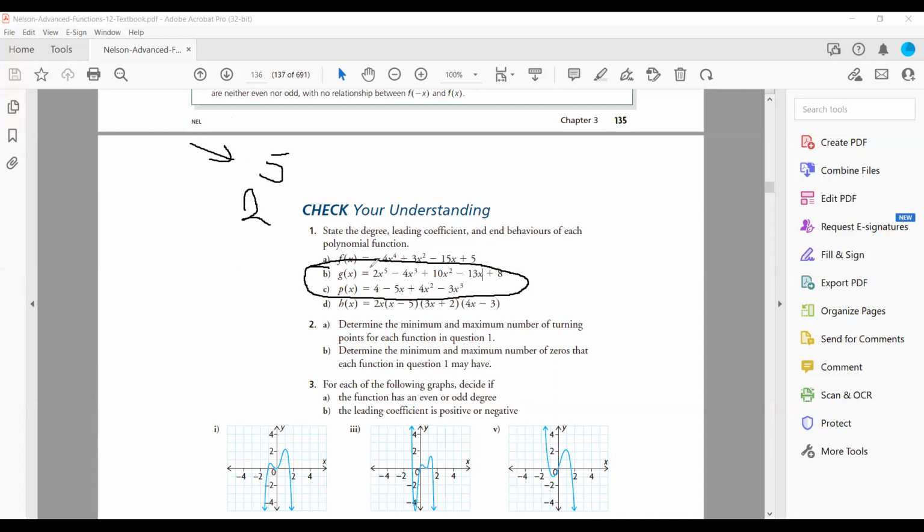As soon as the leading coefficient is positive, and x travels to positive infinity, y would travel to positive infinity as well. When x travels to negative infinity, y would travel to negative infinity.